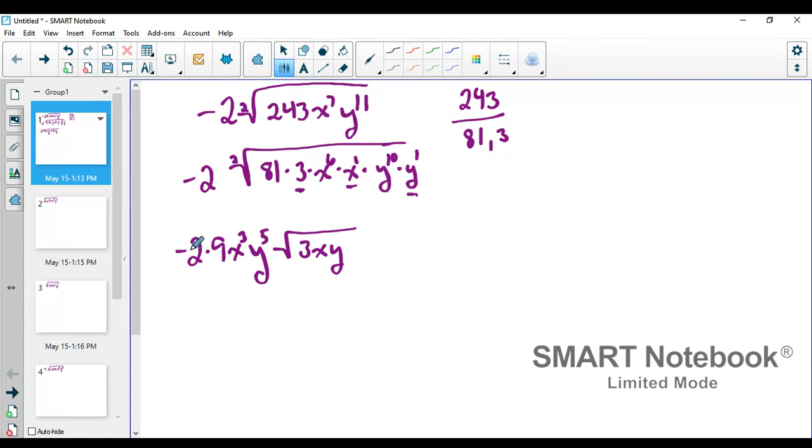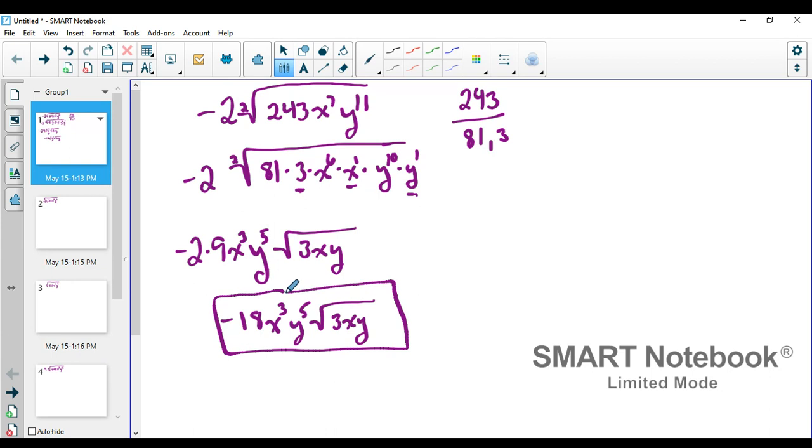And then our last step is to multiply this -2 times 9, which is -18. So we have -18 x cubed y to the 5th radical 3xy. And yes, I know there are 1s in the exponents up here for the x and y, but you don't necessarily need to write those. And so this is our final answer for this problem.